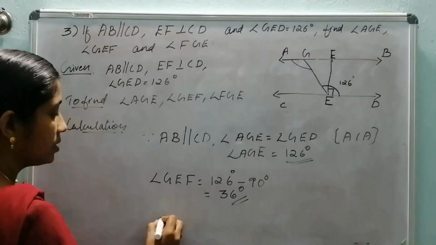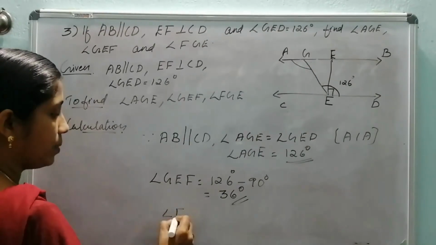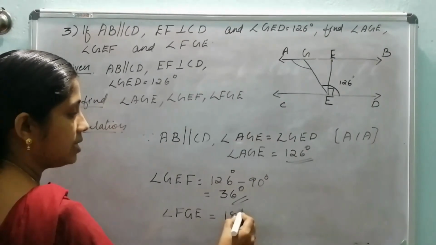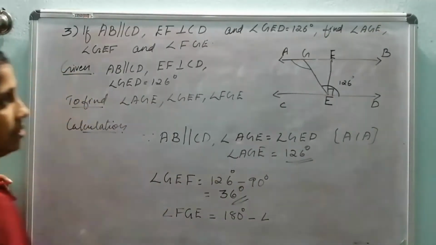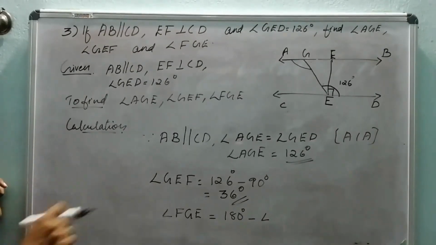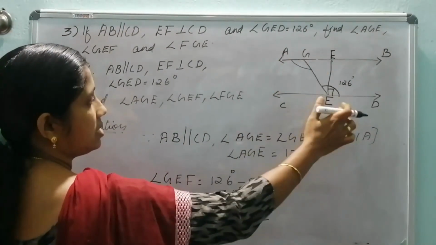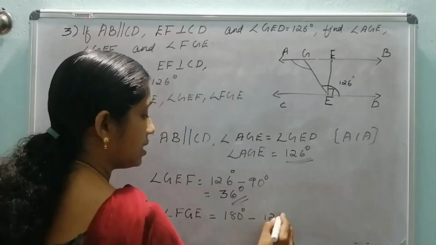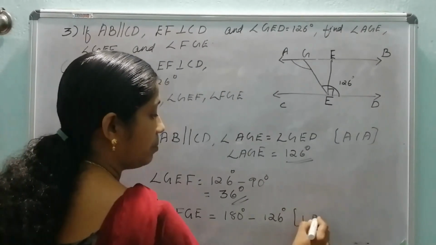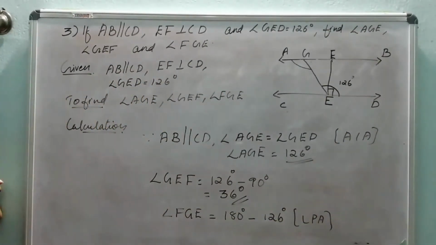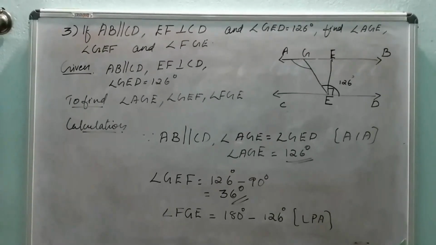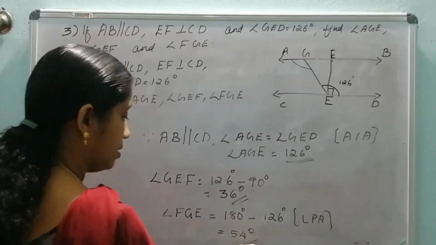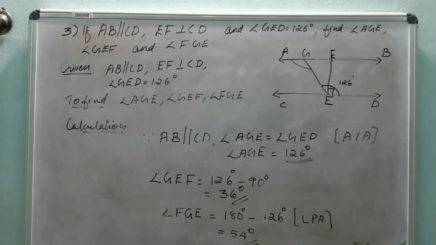So angle FGE is equal to 180 minus 126. Reason: linear pair angle. So 180 minus 126 is equal to 54 degree.